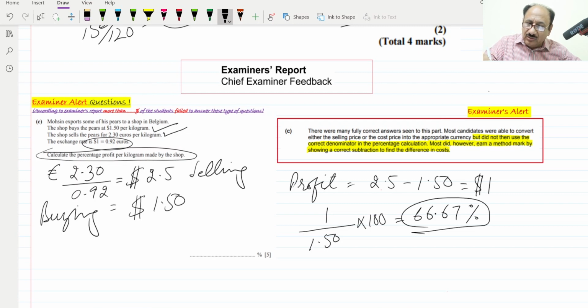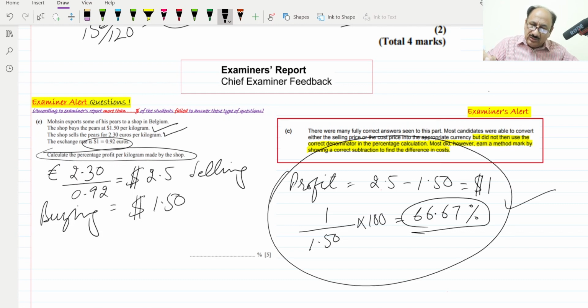So percentage calculation was the issue. Most did, however, earn a method mark by showing a correct subtraction to find the difference in costs. So most of the students were having issue in calculating the percentage profit, but you will have to go through this portion as well.